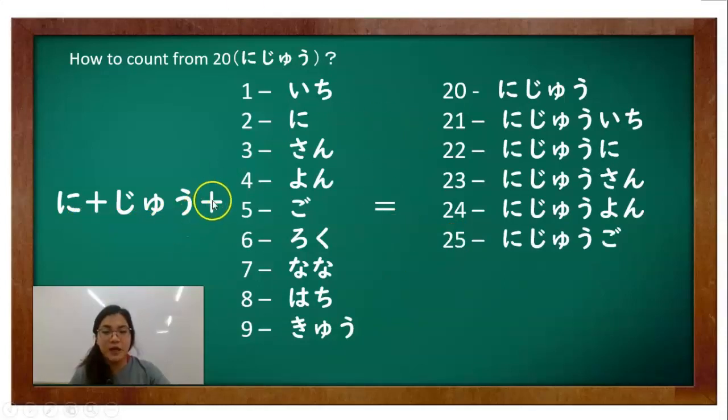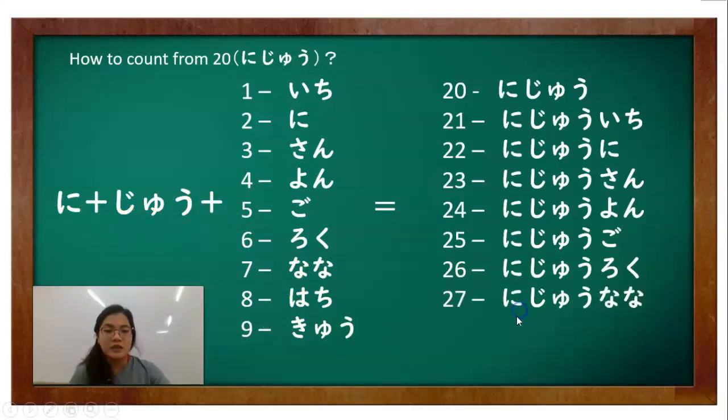Ni ju plus go is ni ju go. 26 is ni ju plus roku, which is ni ju roku. 27 is ni ju plus nana, ni ju nana.